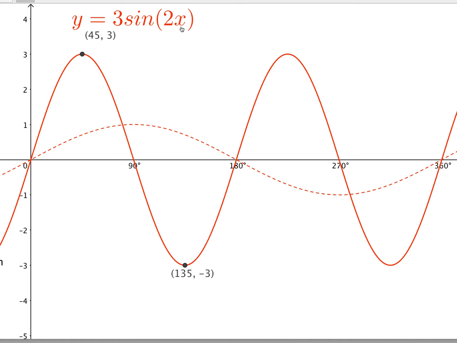It's halved all the x coordinates. So the change here was, for what's happening in the brackets, you halve the x coordinates. So 90 degrees became 45 degrees here. And for what's outside the brackets, this 3, that tripled the y coordinates. So these are the main changes.